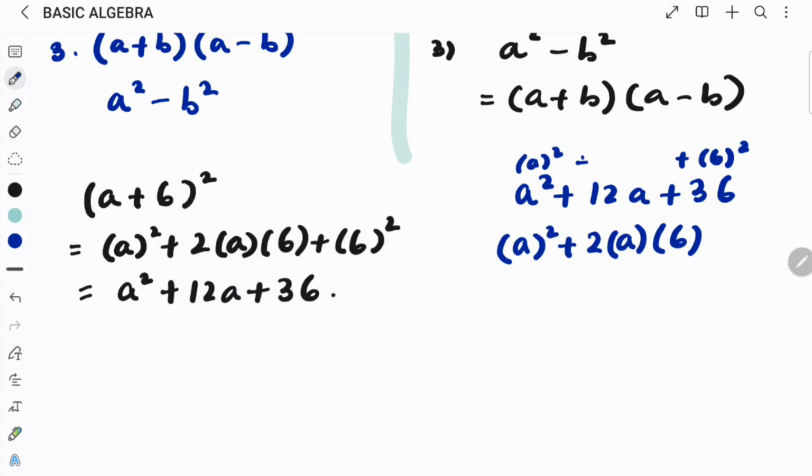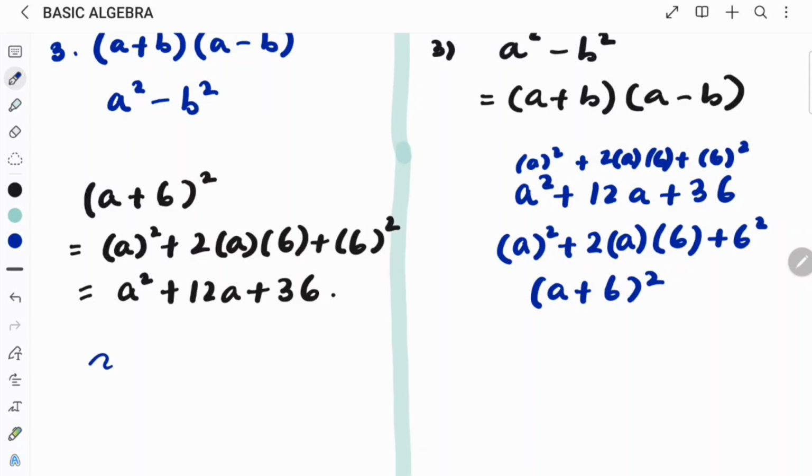That's why you are doing 2 times a and 6, and then plus 6 square. So that will become (a plus 6) whole square. The same thing for (a minus b) whole square, you will just write the minus sign in the middle.